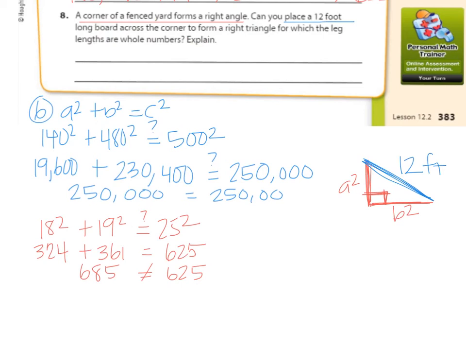So here is what we need to do. We need to determine if there are two whole numbers that we can square that add up to be 12 squared, right? So whole number pairs.